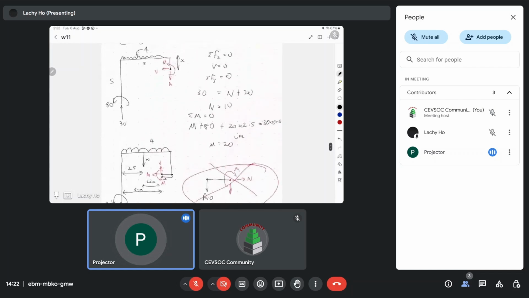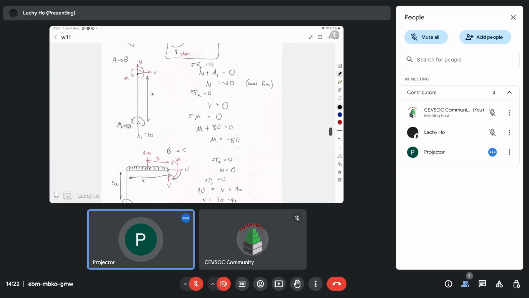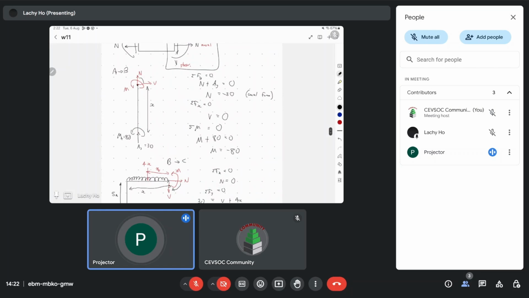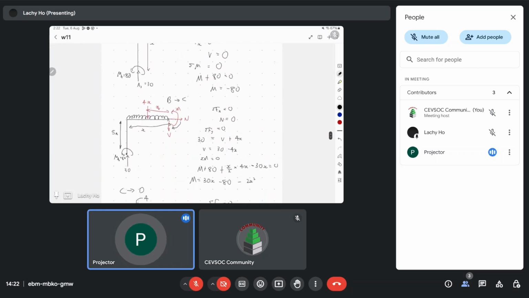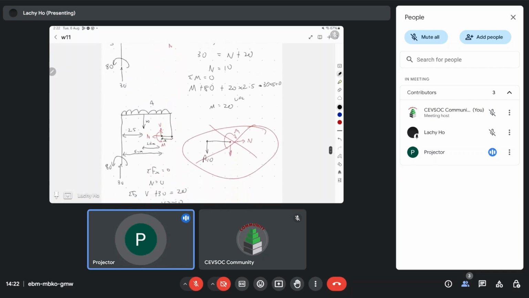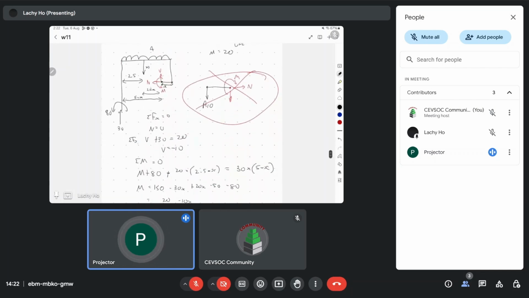Now let's do the shear force diagram. So along A to B, shear force is 0. Along B to C, it follows this equation here, 30 minus 4x for that distance. C to D, V is 0. And then we have minus 10 for the last part.